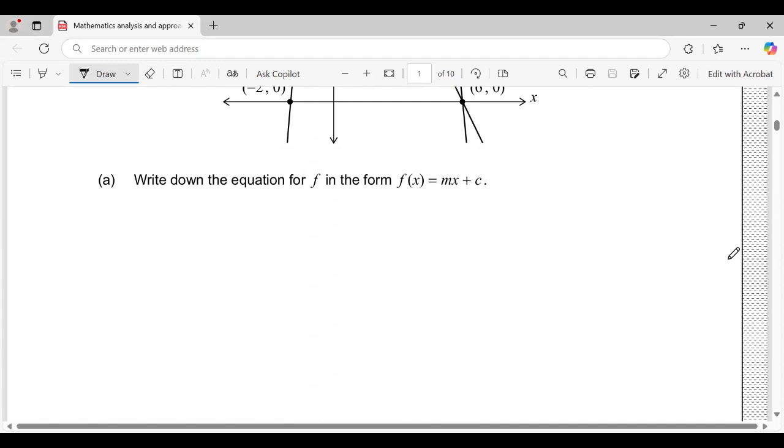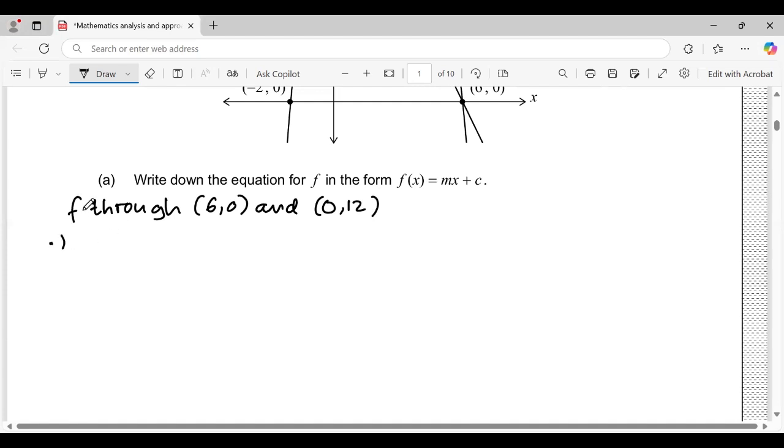The function f passes through (6, 0) and (0, 12) according to the information.